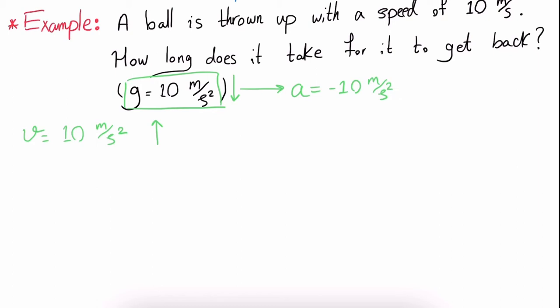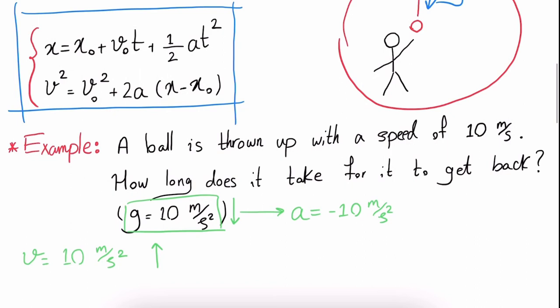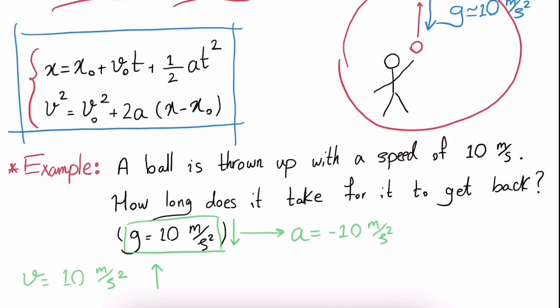So this will be our acceleration, and then we have to use one of the formulas. But which one of these two should we use? We have to see what the question wants from us. What it wants is the time that it takes for the ball to get back. So we're looking for t.